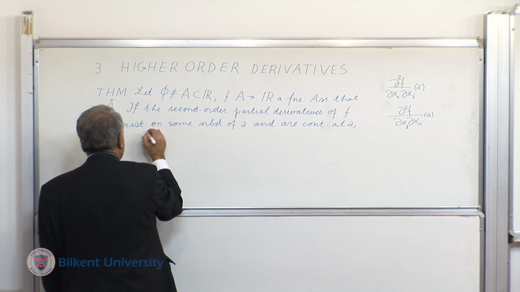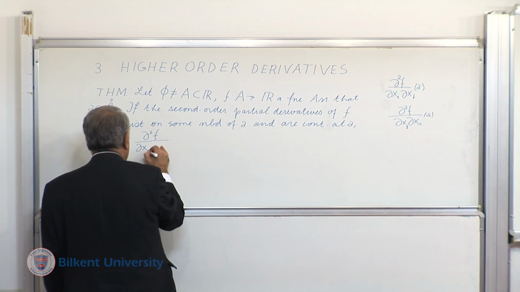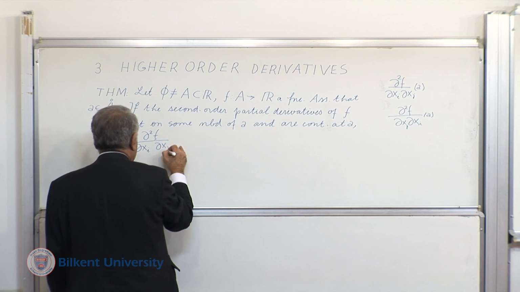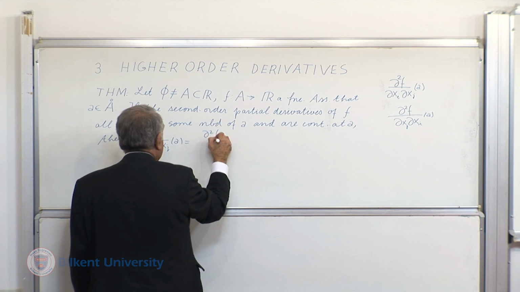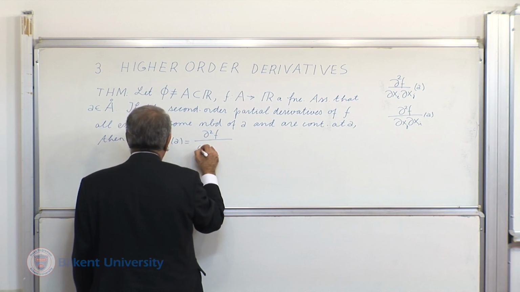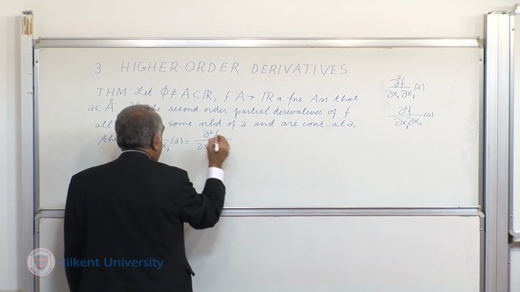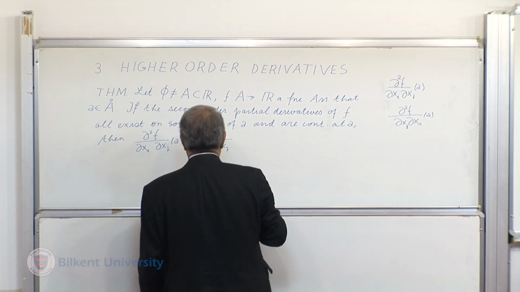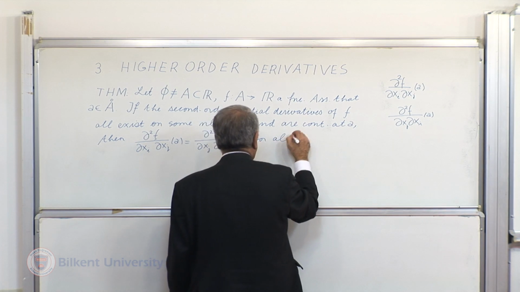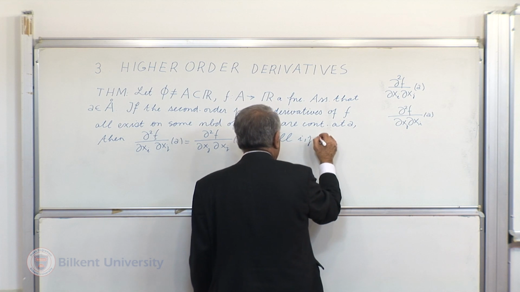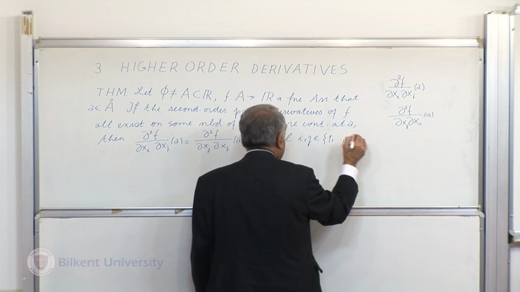We have that the second order derivative, del xi, del xj at a, is equal to the second order derivative in the opposite order at a for all i, j in 1 to p.